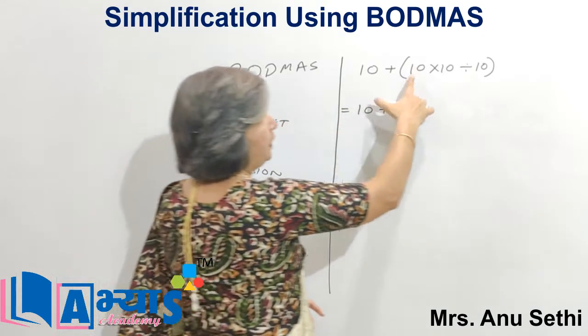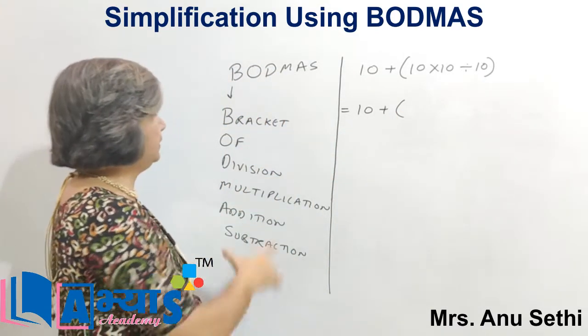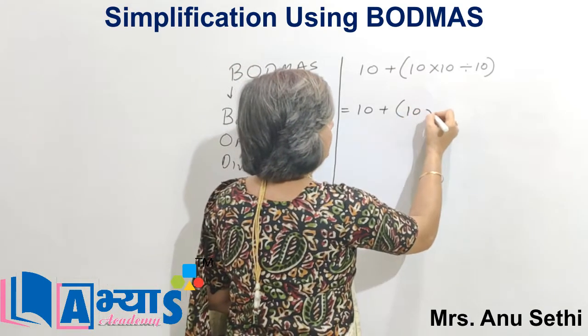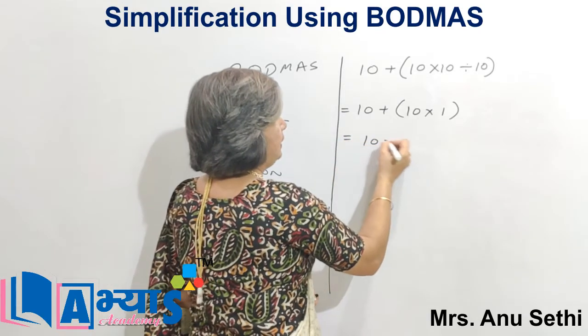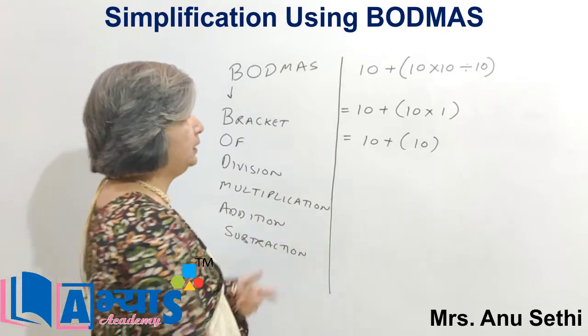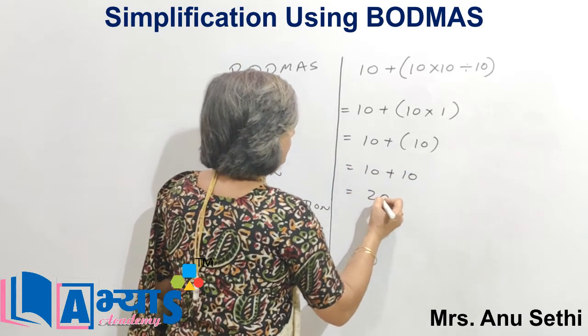In the bracket, we have 10 into 10 divided by 10. As there is no of operator, we go for division. So 10 divided by 10 means 1. In the next step, it will be 10 plus 10 into 1, which means 10. We go for multiplication. Further, we simplify 10 plus 10 and it comes out to be 20.